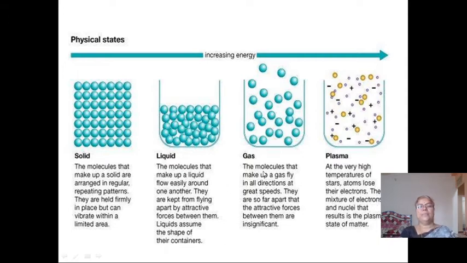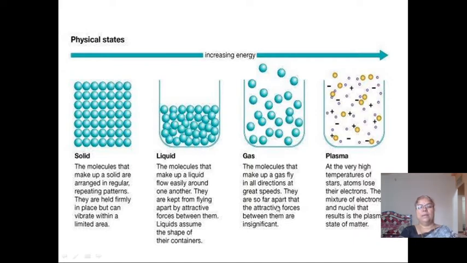molecules. Then, in case of gas, the van der Waals forces are least and they occupy the maximum space which is available for their motion. And all of you know the gas molecules are always in a random motion and they occupy the whole space which is available for their motion.